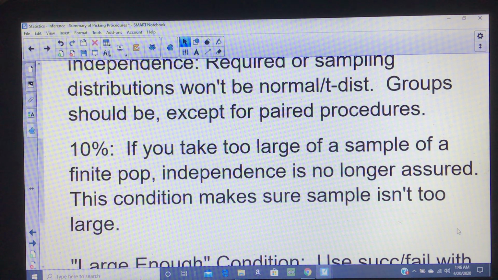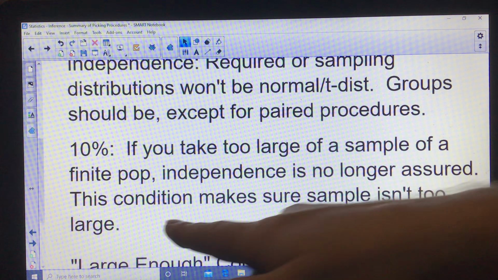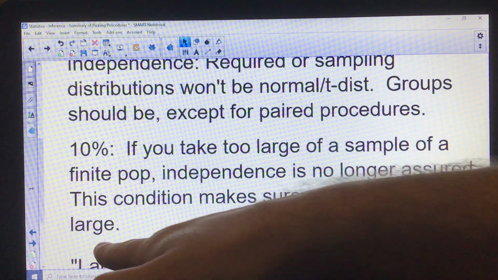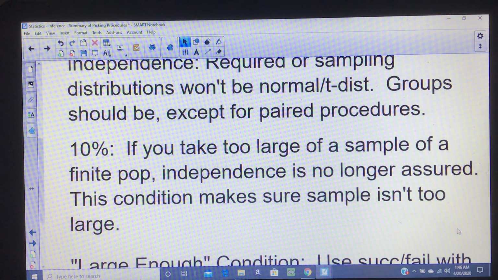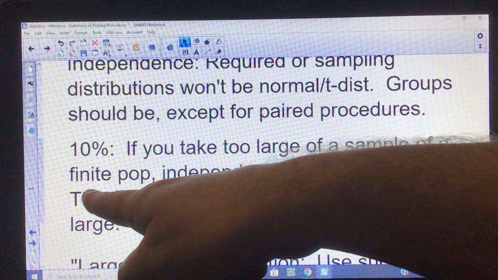So if you take too large of a sample, the independence is no longer assured. If independence isn't assured, then we can't get normal and t-curves and stuff like that. So the main purpose of the 10% condition, if anyone asks, is so you don't take a sample that's too large. And the reason you don't want to take a sample that's too large is you don't want to lose independence.